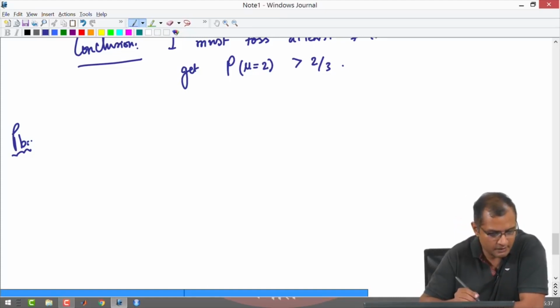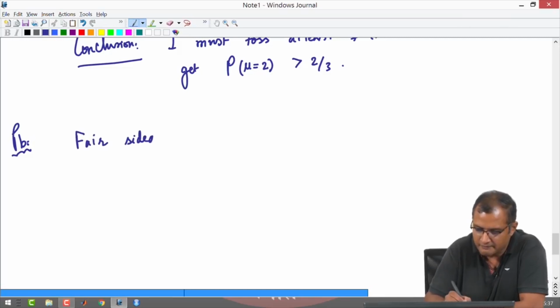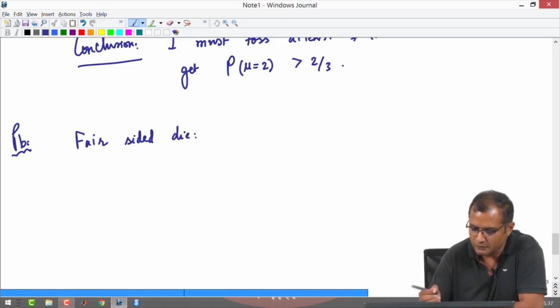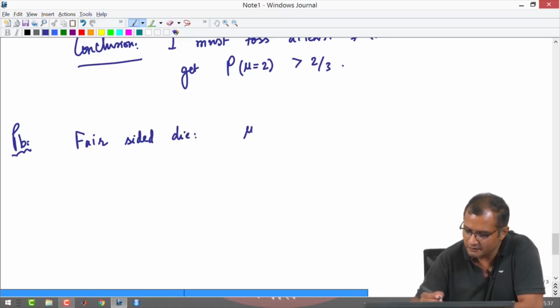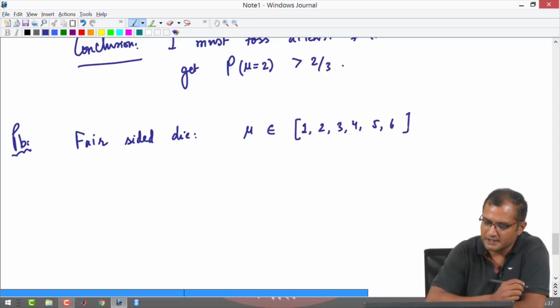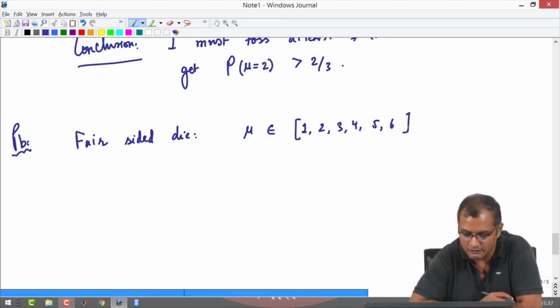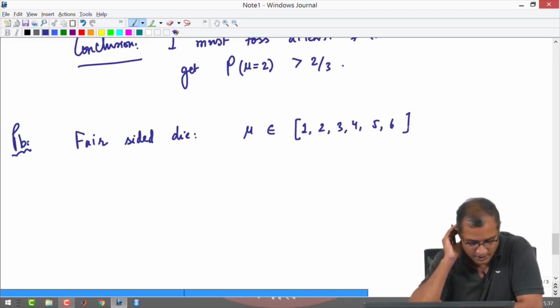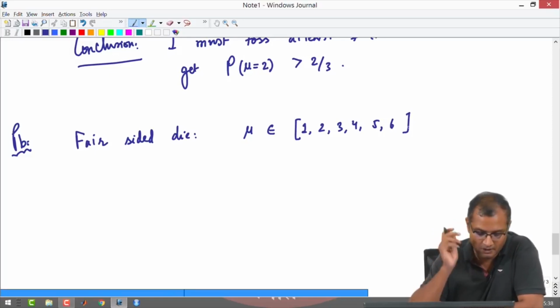So, let us take another, just as before, a fair sided die, which means the face of a die can be 1 2 3 4 5 6, okay. So, that is the face of a die, which is mu, a variable, and can take one of these values, one of these symbols 1 to 6.